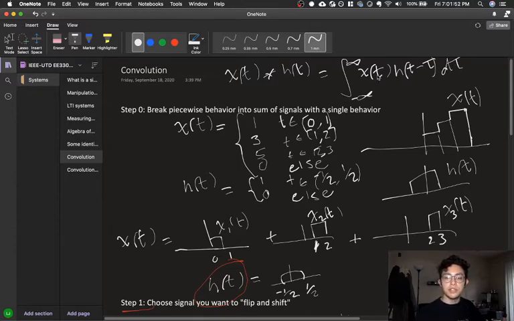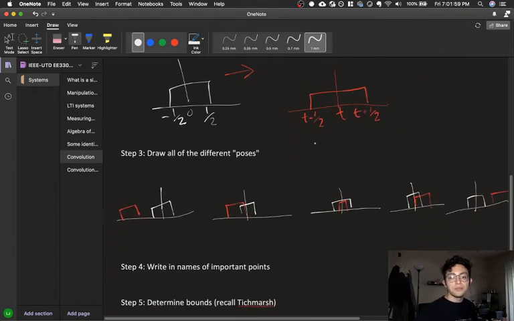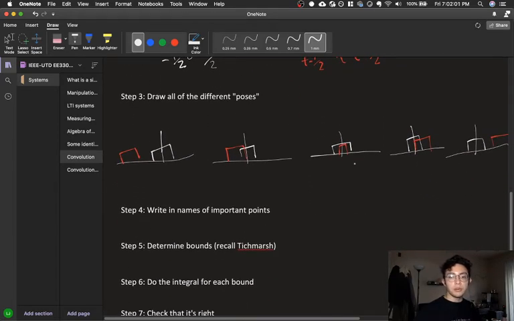What this definition says is that we flip and shift and take the area as we go. So we're going to want to figure out the behaviors of the area.